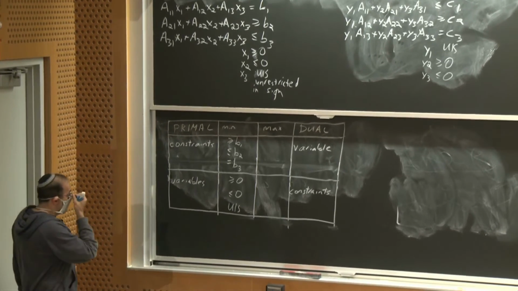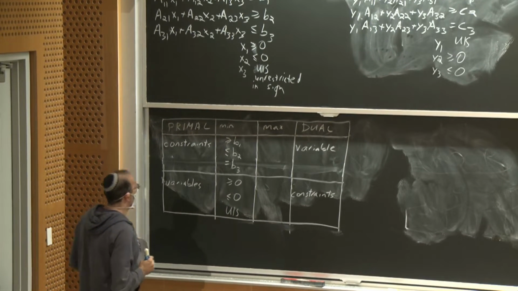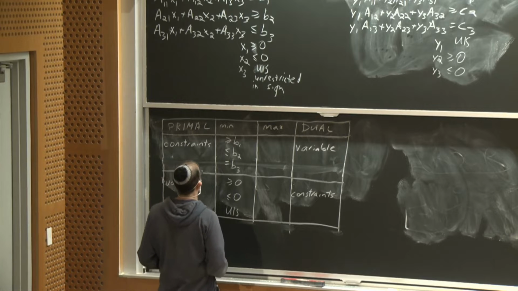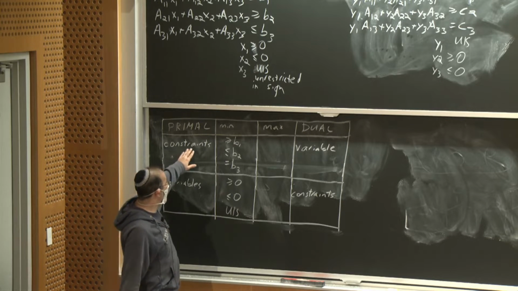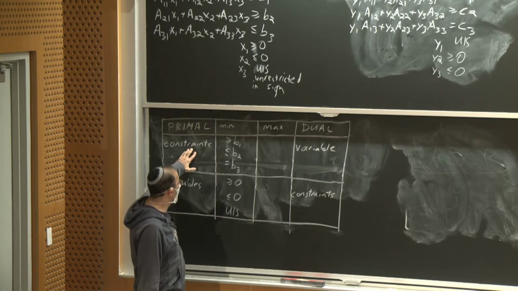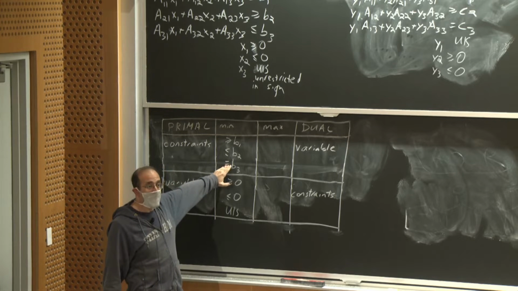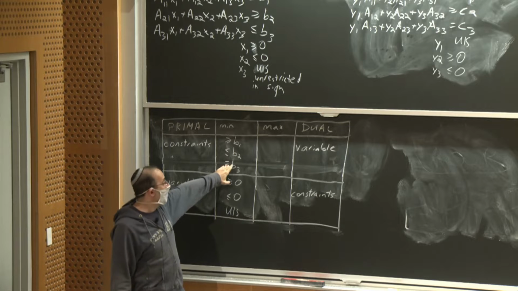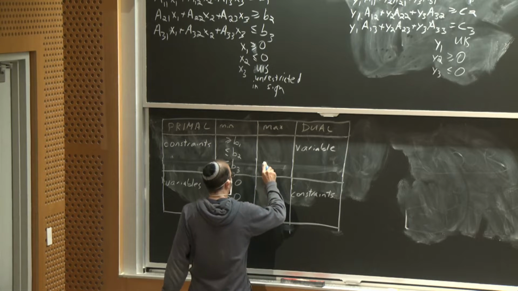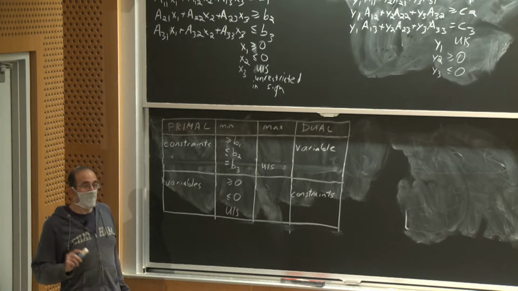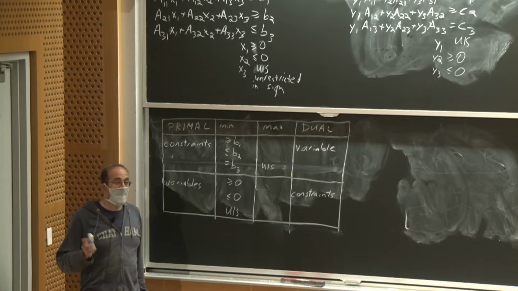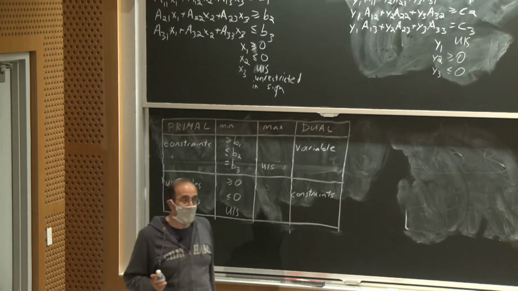Okay. Now, the next thing that we recognize is the relationship between the types of variables. So again, a standard form linear program has these equality constraints in it, and those correspond to unrestricted variables in the dual, right? If you remember the canonical form LP, the variables are not restricted, right?